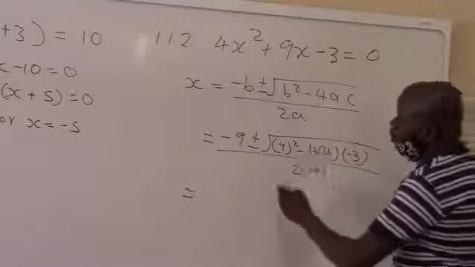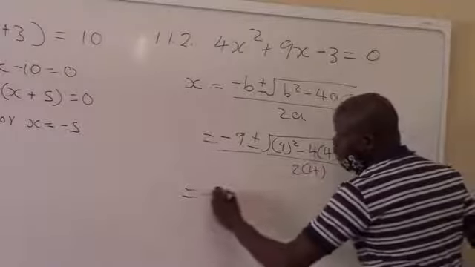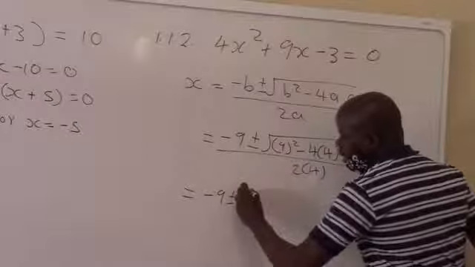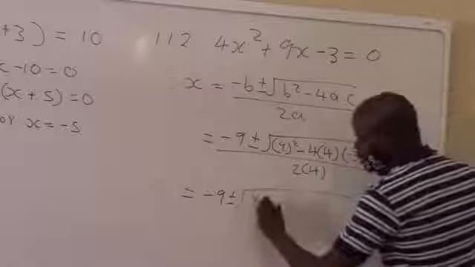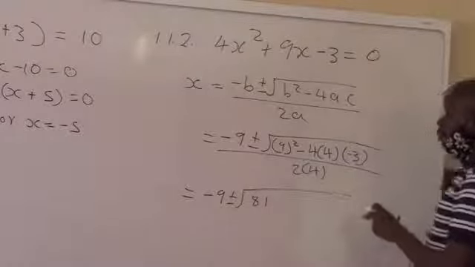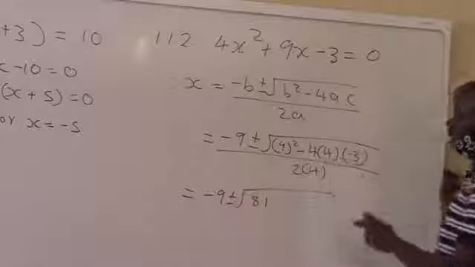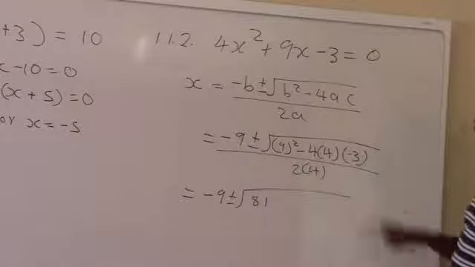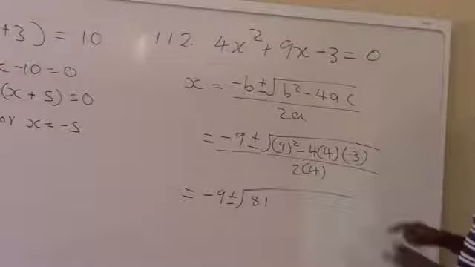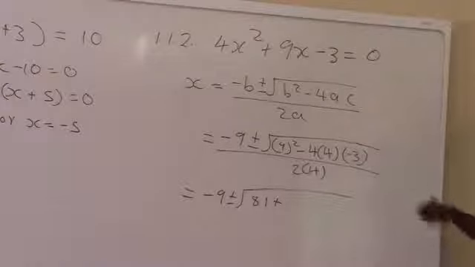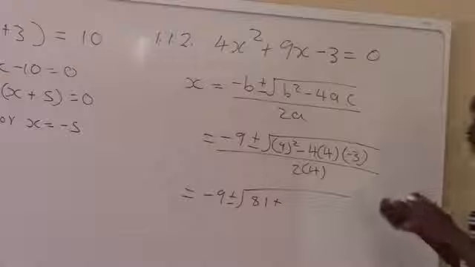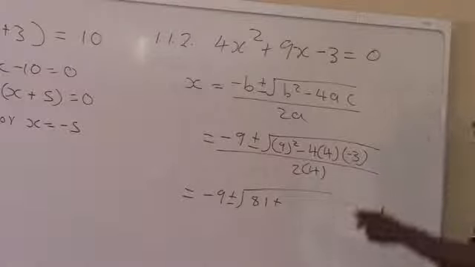Now we go on to calculate. So we will have our negative 9 plus or minus. That 9 squared gives us 81. Then 4 times 4 is 16, and 16 times 3, but the negative and the negative make it positive, so 16 times 3 is 48, because 16 and 16 is 32, then 48.